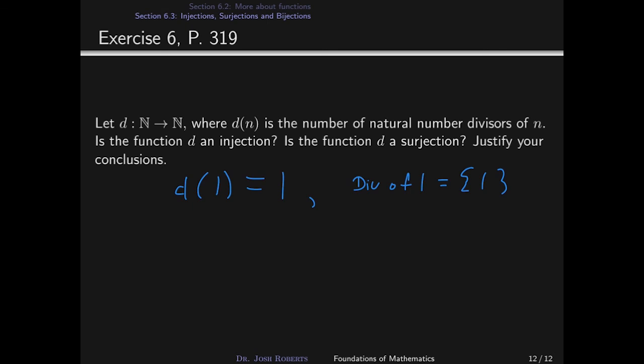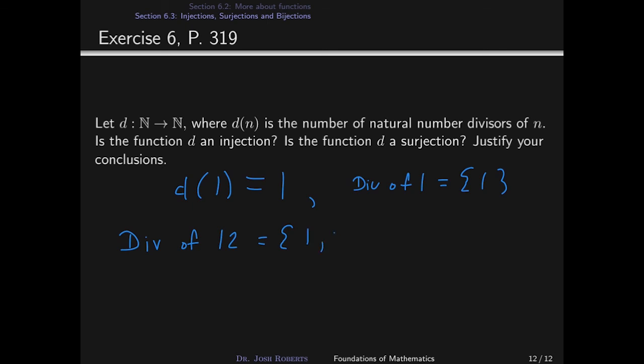So I'm going to do it in a different order over here. The divisors of, say, 12. This is the set. Remember, only natural number divisors. What do I have?